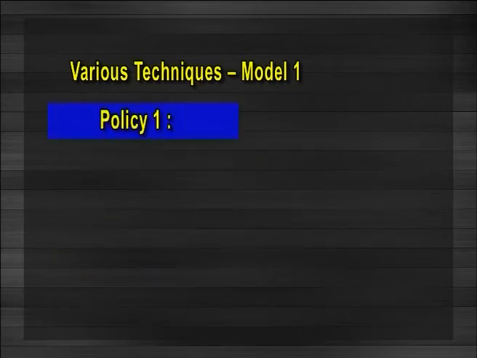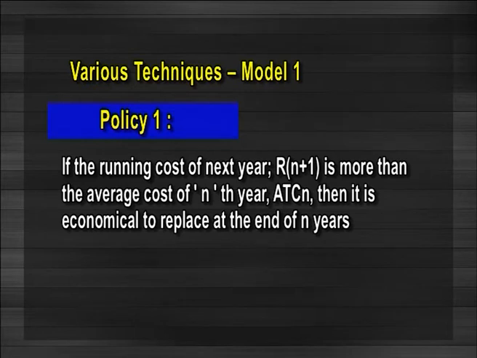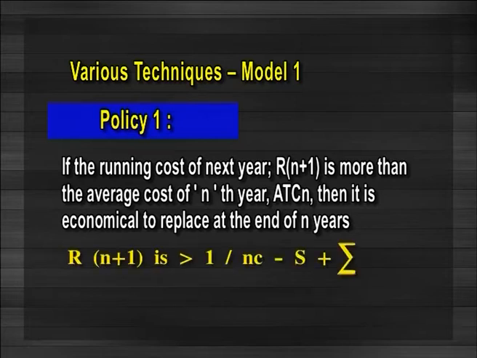This provides the following replacement policy. Policy 1: If the running cost of next year, R of n plus 1, is more than the average cost of nth year, ATC of n, then it is economical to replace at the end of n years. That is, R of n plus 1 is greater than 1 by n into C minus S plus summation R of t.